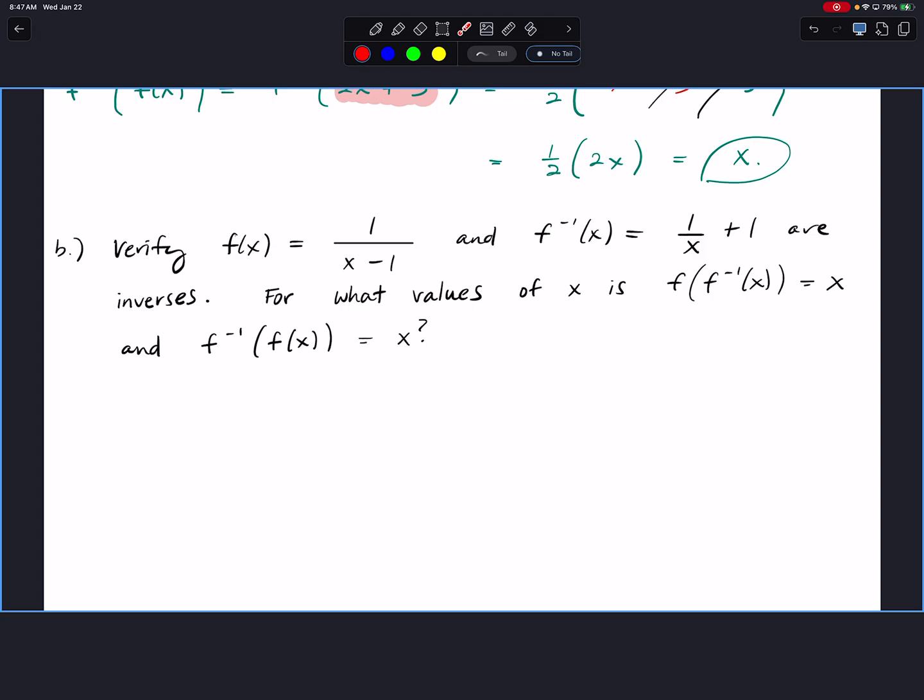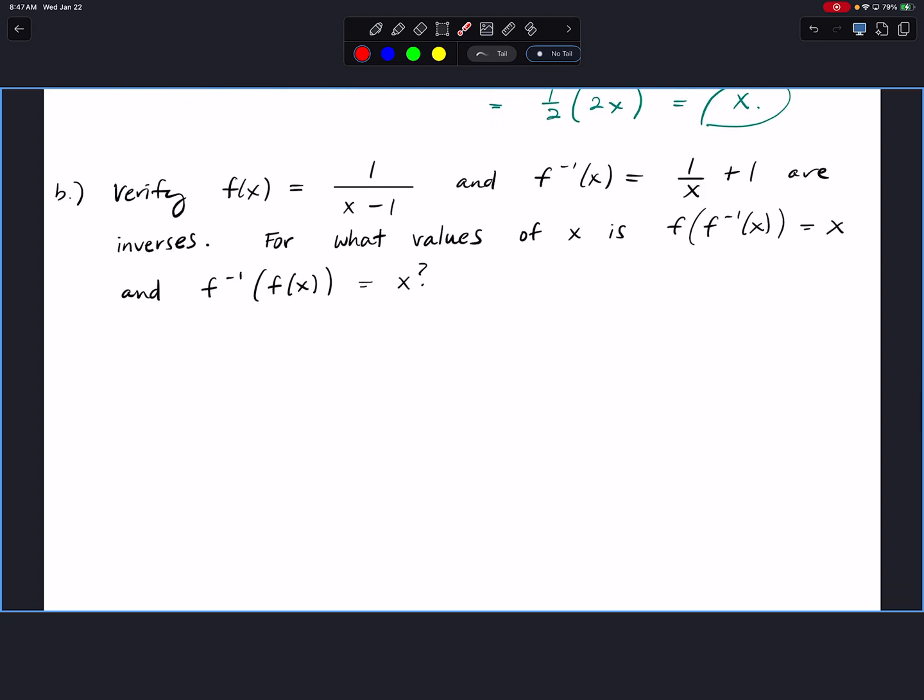Okay. So let's prove the forward direction first. So f of f inverse of x is equal to f of, I'm going to replace the parentheses with what the inverse was. So 1 over x plus 1.